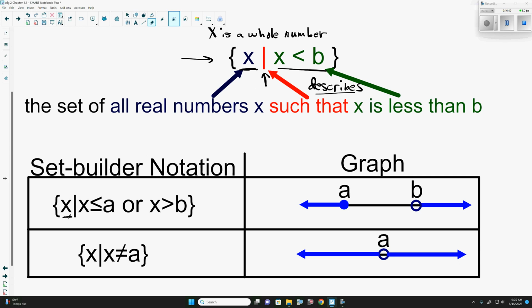Because if it's all real numbers, we just have to put brace x bar, such that x is less than or equal to a, or x is greater than b. And they will give us most of all this information. We just have to write it in this form. Or the second one, for all real numbers x such that x is not equal to a. x is every number except whatever the value of a is.